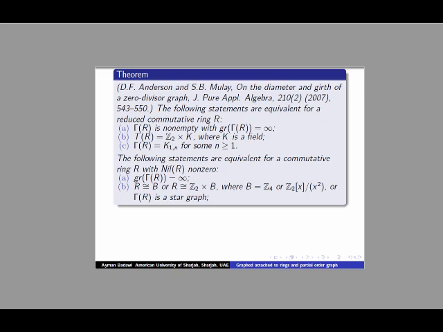Or, as I told you, another way to say that R is a subring of a product of two integral domains, because here I'm using the total quotient ring, T(R). And the same thing if the ring is not reduced.